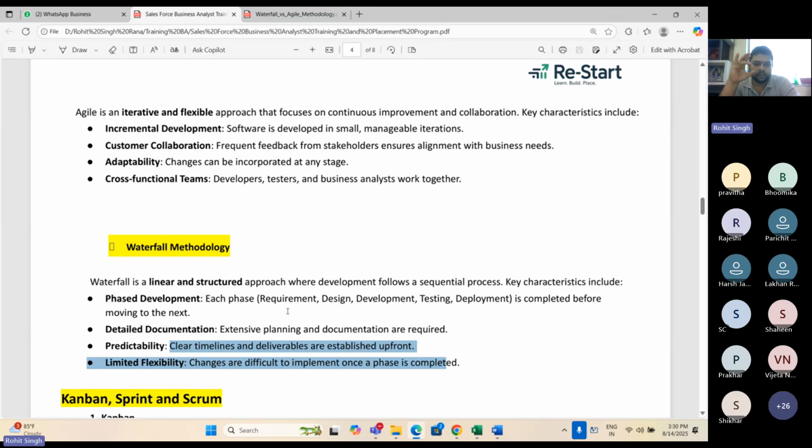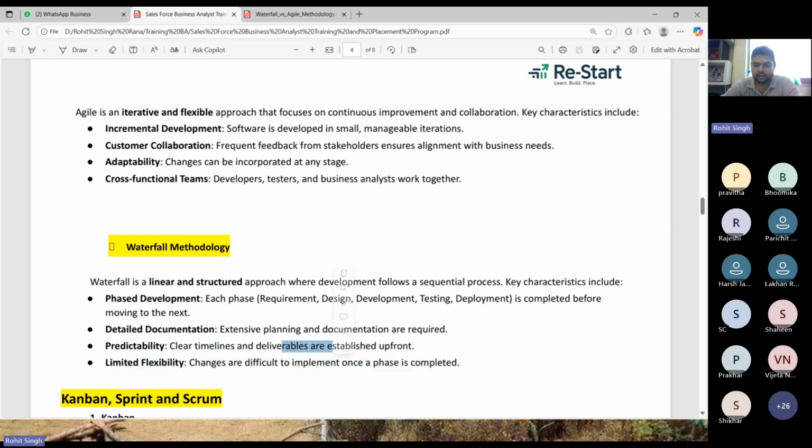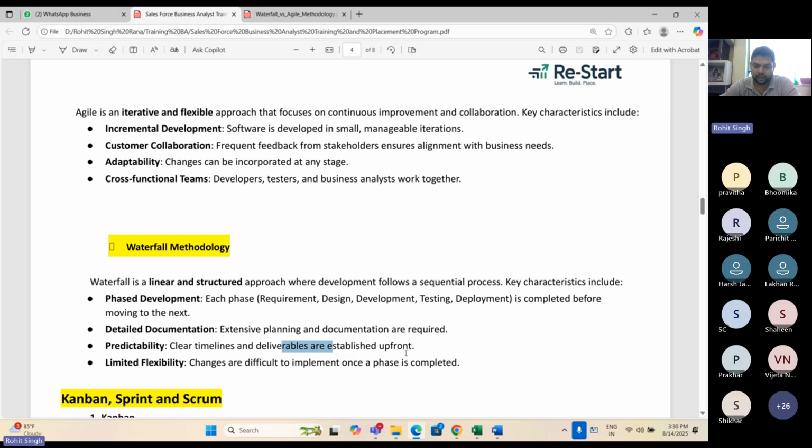So accordingly we will estimate our time in such a way that we have an ample amount of buffer time. That is why timelines are clear and deliverables are established upfront. Upfront means with the client, we are showing it to the client upfront, right? This is exactly what we are going to provide to you.